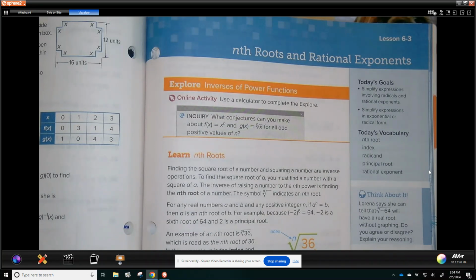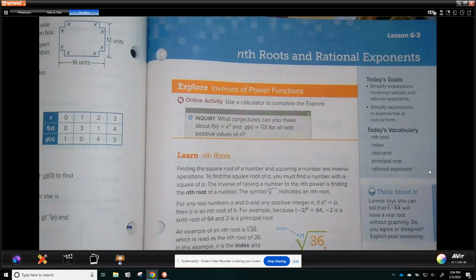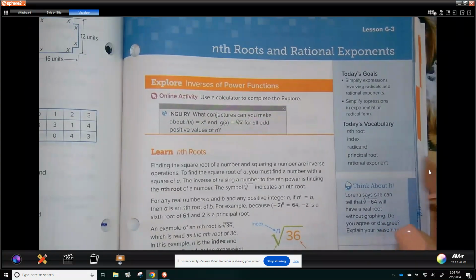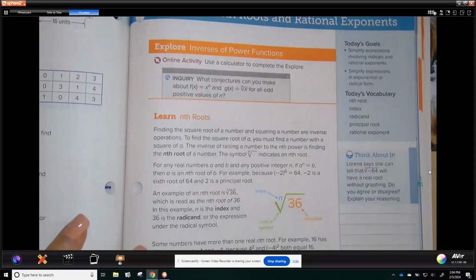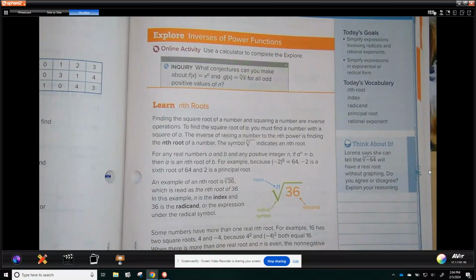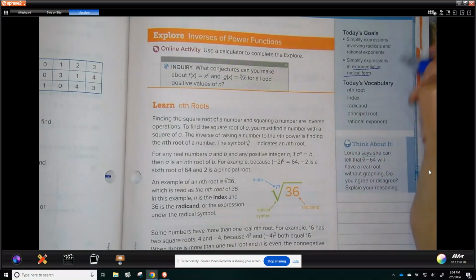I'm going to go over 6.3 today, nth roots and rational exponents. So roots, in this case, we're talking about the radical symbol. And here's a great demonstration of the vocabulary. Right here, exponential or radical form.